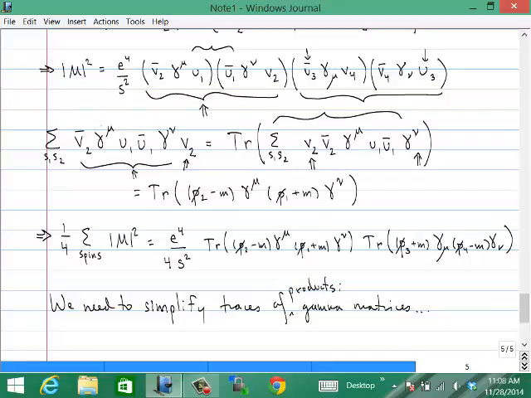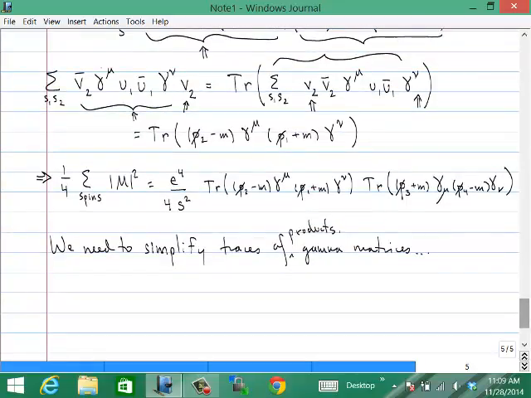As you can hopefully guess, whenever you calculate scattering amplitudes in quantum electrodynamics, or in general for any theories with spin, if you're summing over all of the spin indices, at the end of the day the only thing you can ever end up with is the trace of a product of gamma matrices. And so in order to simplify this further, we just need to understand how to manipulate these guys.